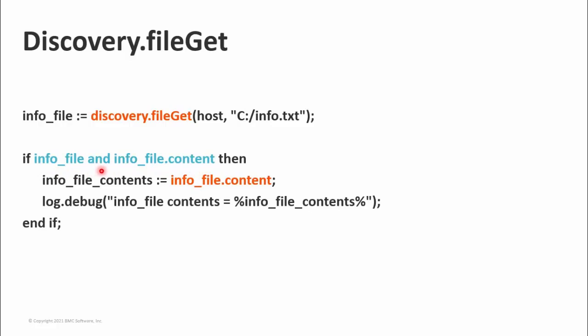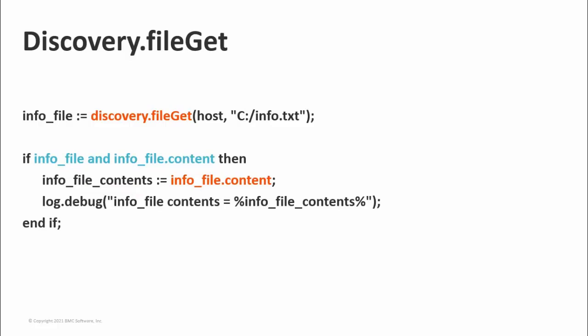So with the and, when the first part of the and fails, then the second part of the and is not interpreted. It doesn't perform this action. So only if we have info file, then we can get the info file contents. So info file.content, we get the contents here and we're assigning it to a variable called info file contents.